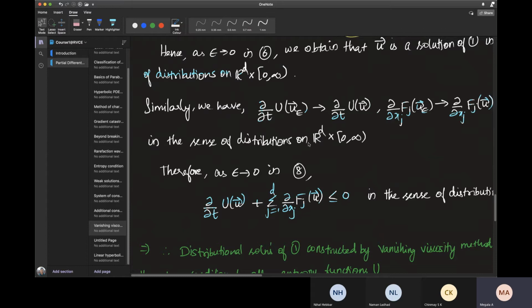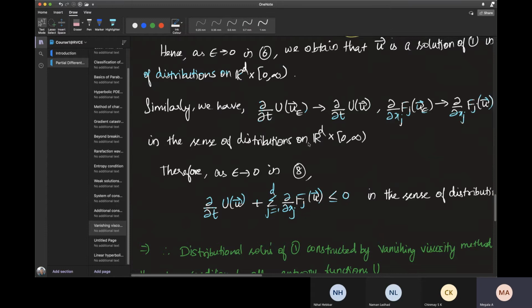So we have two things right now. Classical solutions of the epsilon viscous PDE satisfy the entropy inequality, and all classical solutions of the epsilon viscous PDE approach the weak solution of the original PDE.